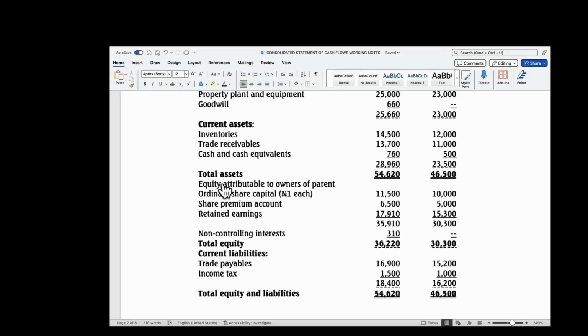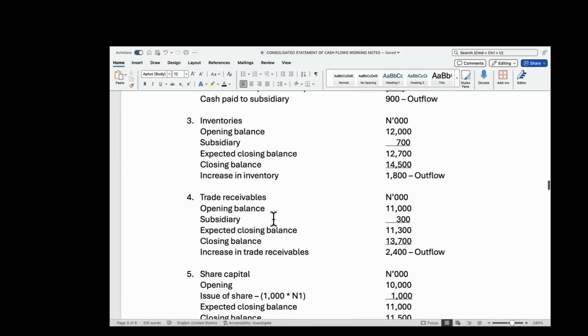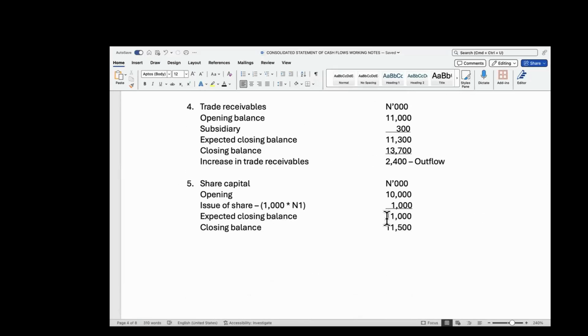Sir, the cash paid, does it have an element of premium? No, the cash paid cannot have an element of premium. If that means there is an issue of shares, maybe they didn't give us the information. All right, no problem. So, issue of shares. That's the only thing, and that's why these movements are very, very important.